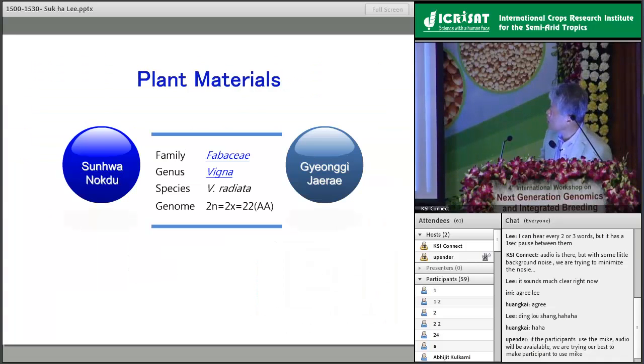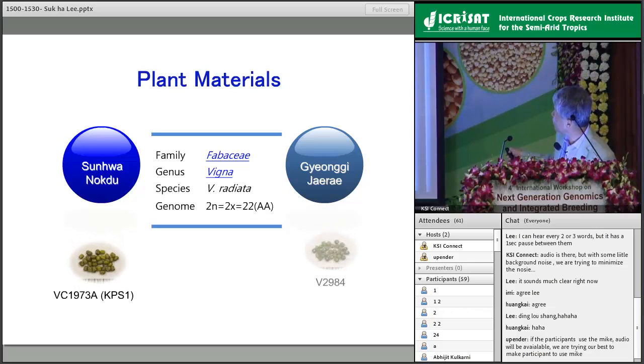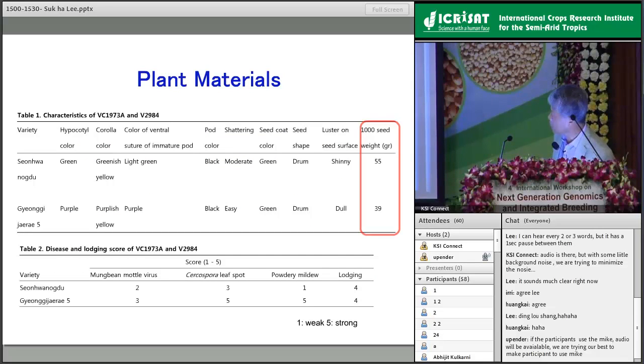As I mentioned earlier, Sorokdu, VC19738, and Gyeonggijeorae were used for this study. Kamphaeng Saen KPS1 is another name of the same variety in Thailand. The 2 Vigna radiata varieties were characterized, and you can see very variable characters here.